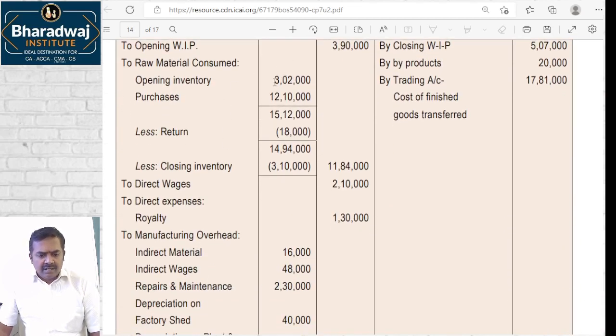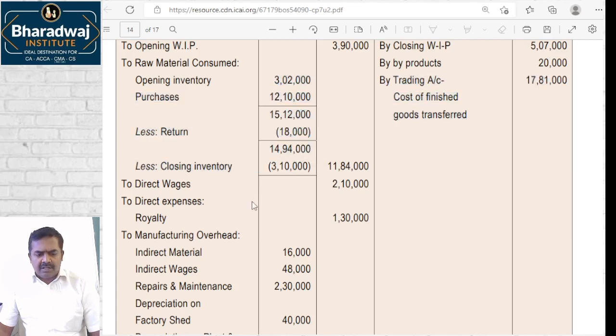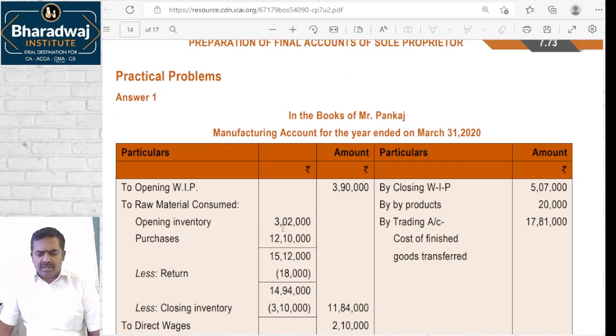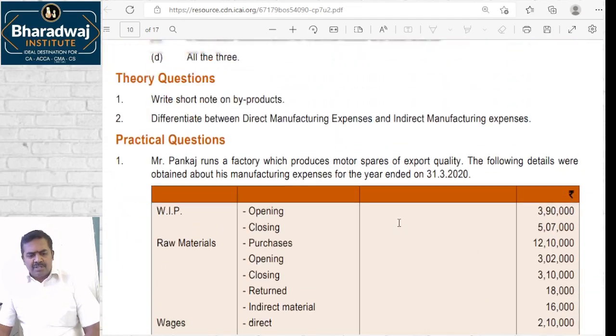Opening stock plus purchases minus closing stock will give us raw material consumed, then direct wages, direct expenses like royalty, indirect material, indirect wages, repairs and maintenance, depreciation on factory shed and machinery we will charge, closing WIP and sale value of byproduct. Balance will be transferred to which account? Trading account. Simple.